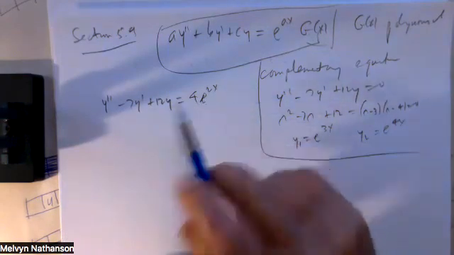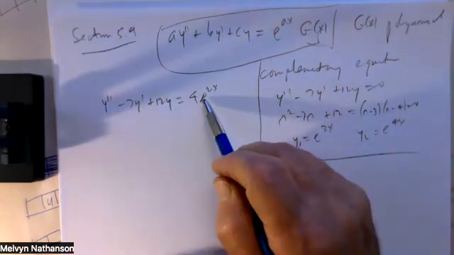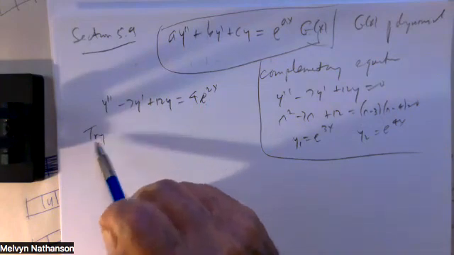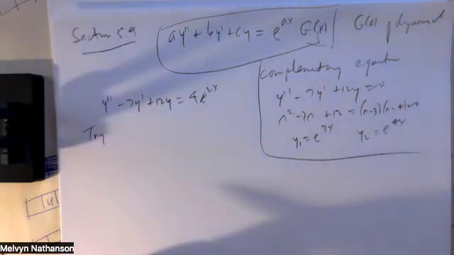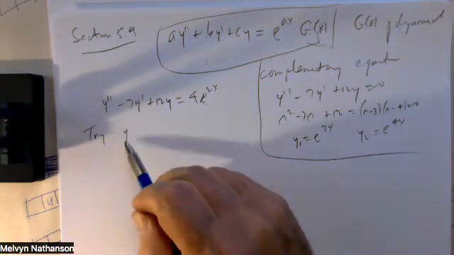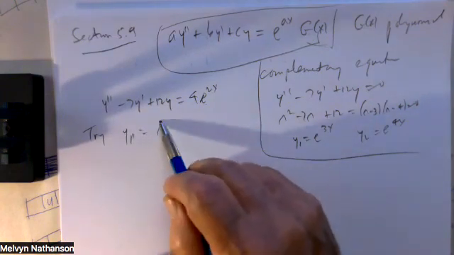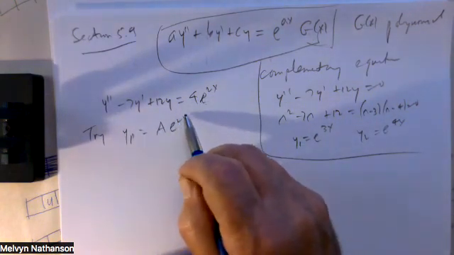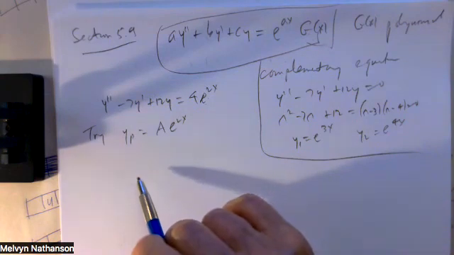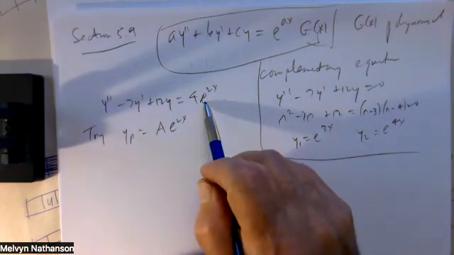This doesn't always work, but it often works. Let's just try a particular solution which is some constant times e to the 2x. So you have just a pure exponential here.